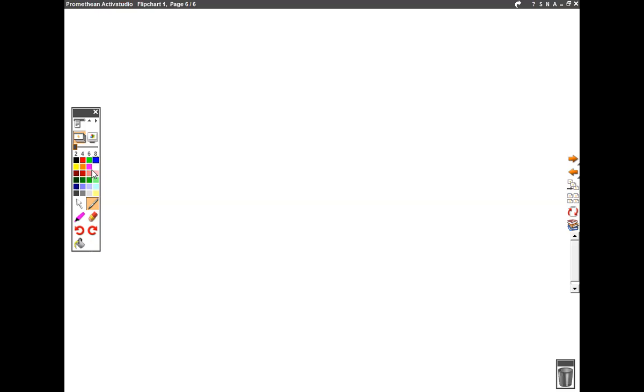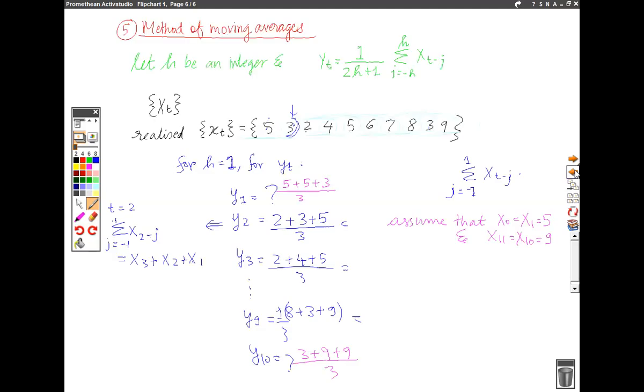So what we are doing is we are using a simple linear filter to convert the process that we have at hand into a process which is something like this. So this is the converted process and this is the process that we started off with. And sometimes this xt minus j will come with a coefficient here.